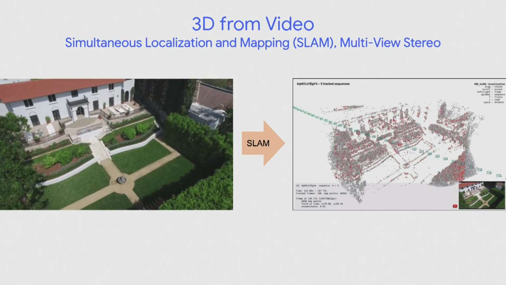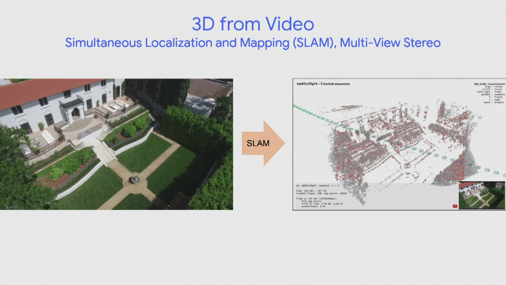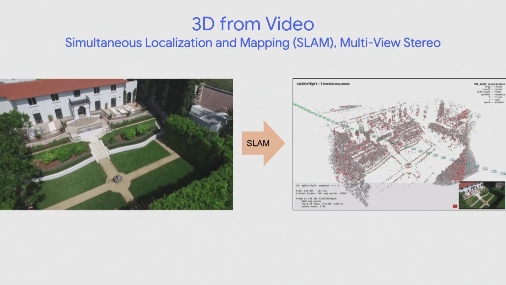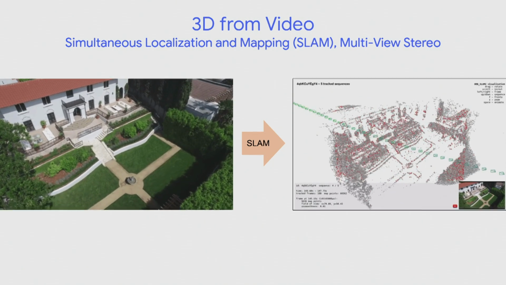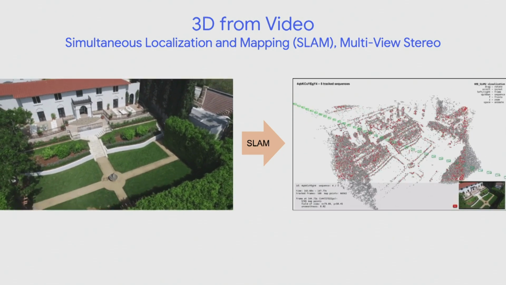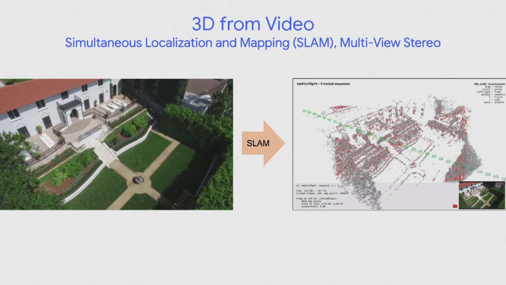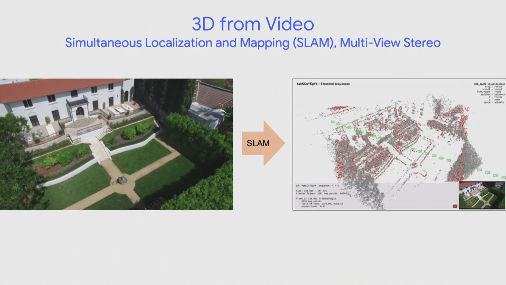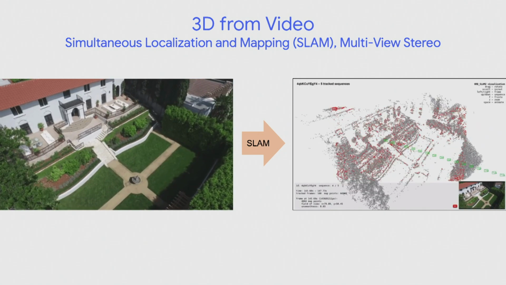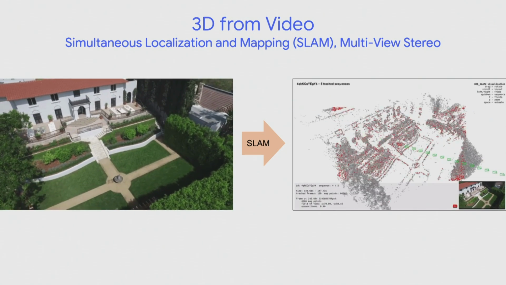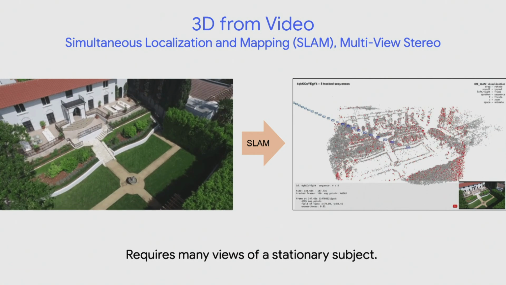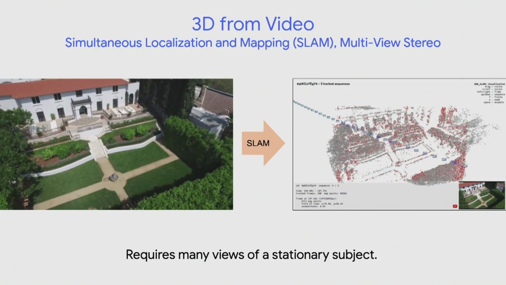If you have a video like this on the left, where you have many views of a scene that's rigid, where nothing's moving, you can actually do a good job. You can get a nice 3D point cloud on the right. And we'll make use of this, but the problem for our current application is that it has to be stationary. So you require many different views of the same object from different angles, and the object can't move.